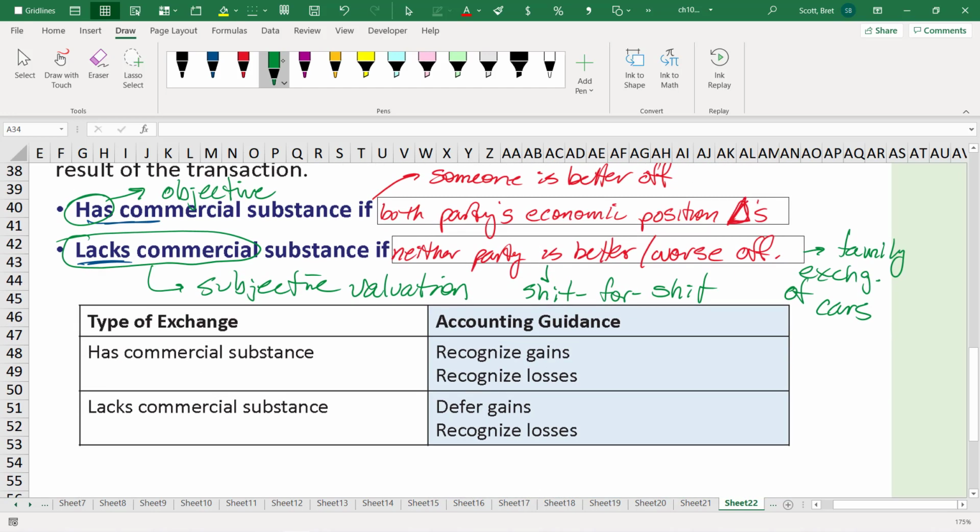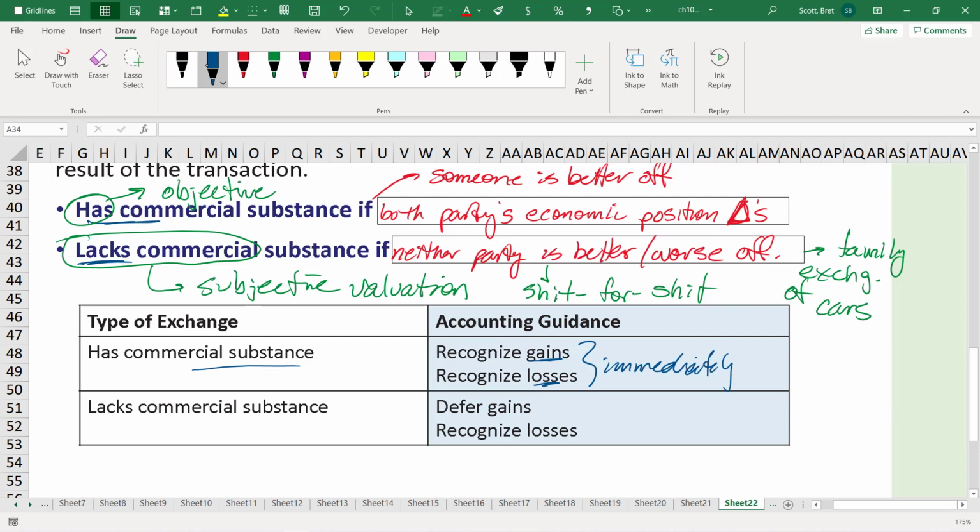So here's what it comes down to, what the FASB says. If a transaction has commercial substance, then the buyer, in this case us, if we're the party of interest, right? The asset that we receive versus the asset we give, if there is any gain or loss in the transaction, then those need to be recognized immediately.